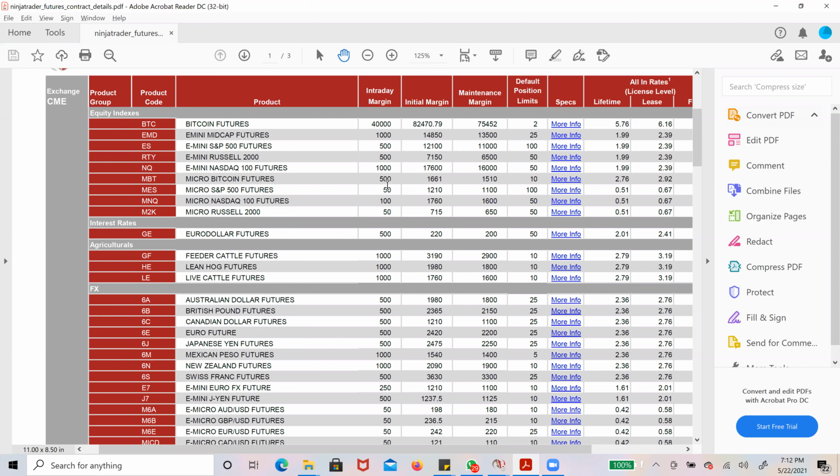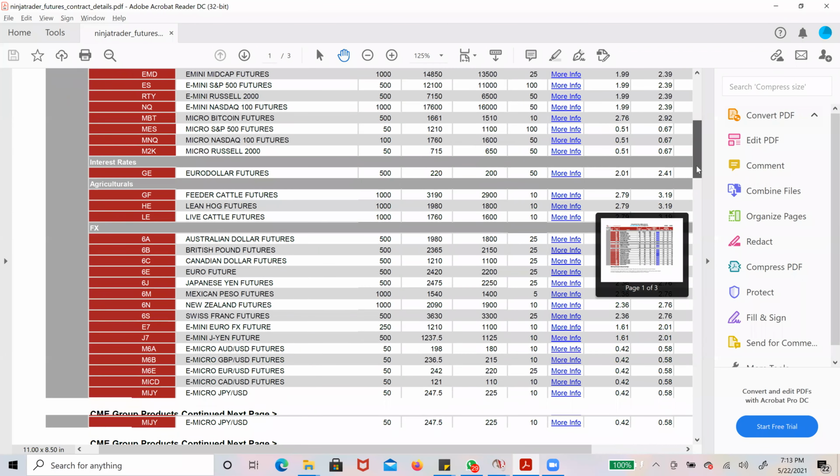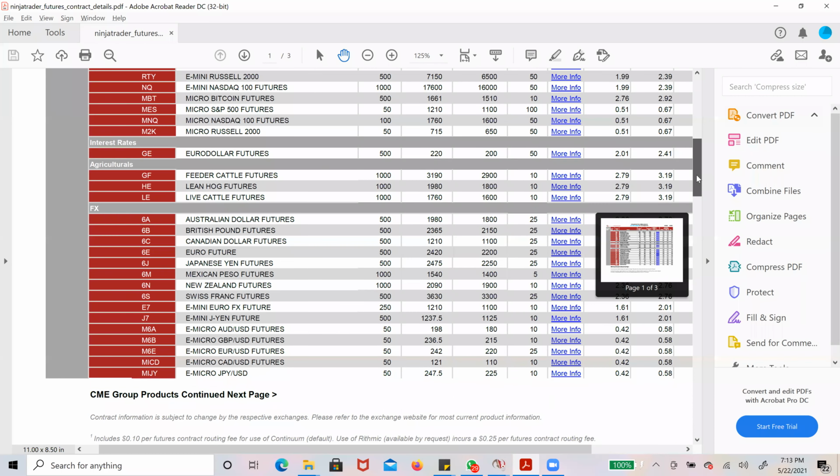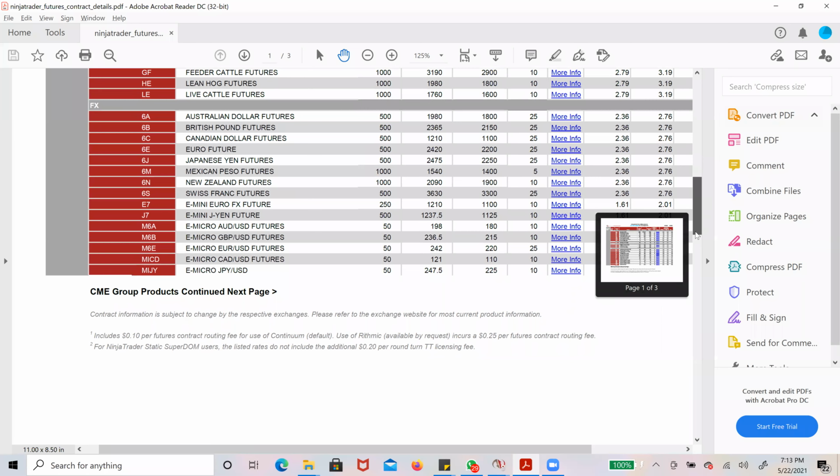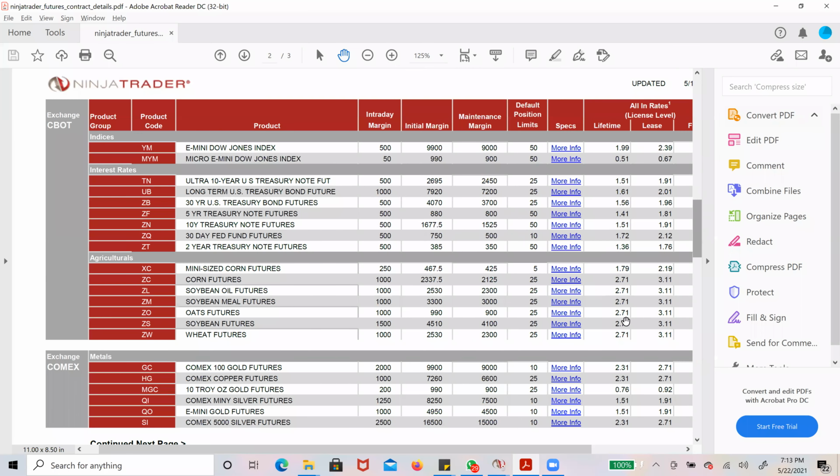So basically, if you want to take a trade for the BTC, your account should have at least 500 USD to do a trade. Okay, micro Russell, all these are tradable on NinjaTrader. Okay, I will definitely share this information again with the group, and this is also available on the NinjaTrader platform as well. Okay.